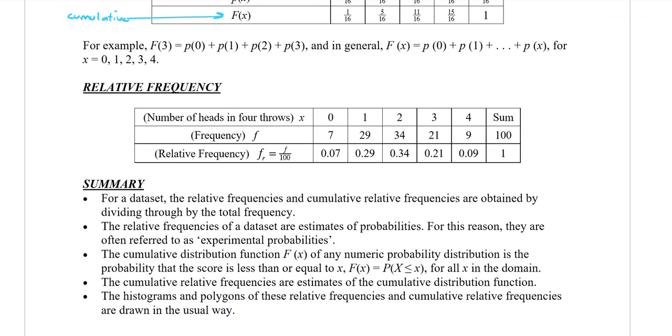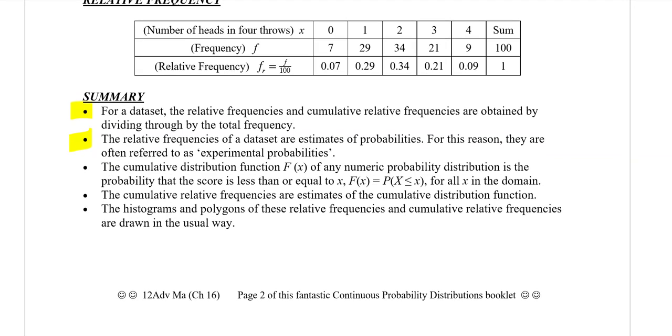A summary. For the data set, the relative frequencies and cumulative frequencies are obtained by dividing by the total frequency. We just did that. The relative frequencies of a data set are estimates of probabilities. For this reason, they are often referred to as experimental probabilities.